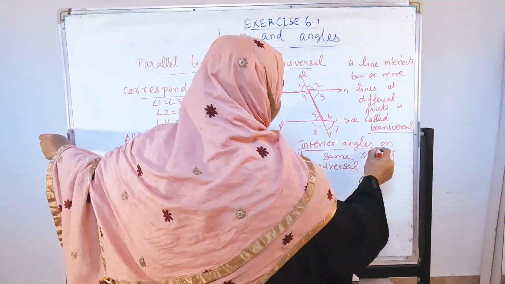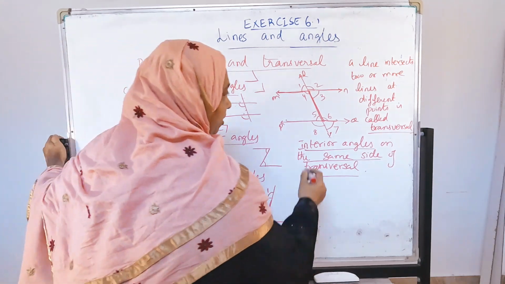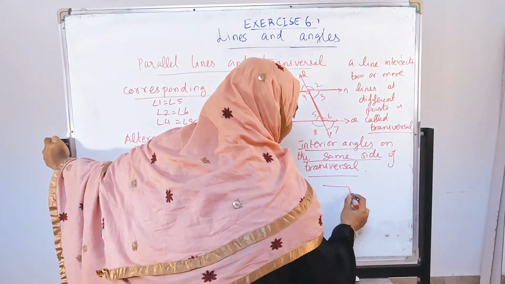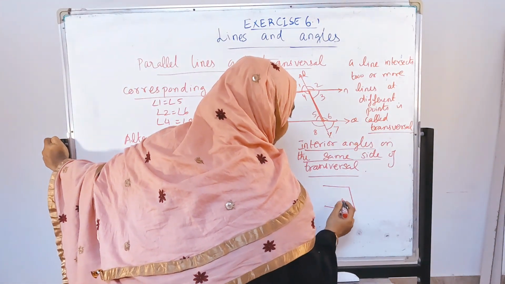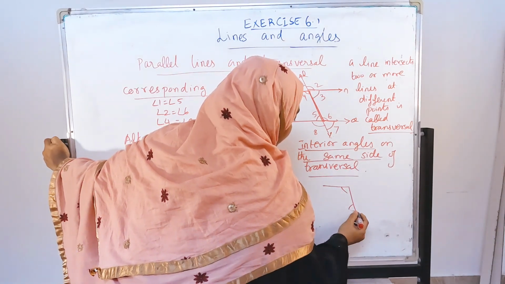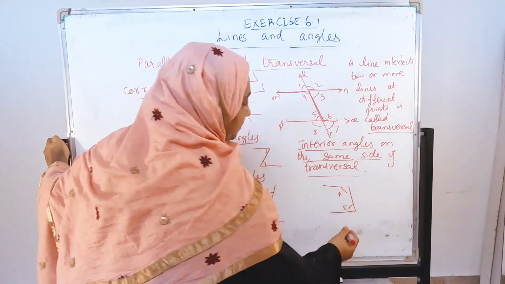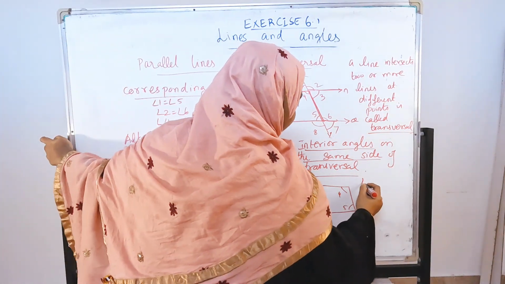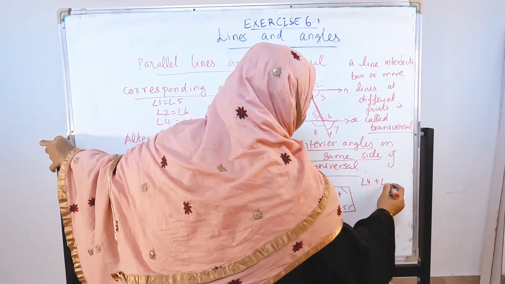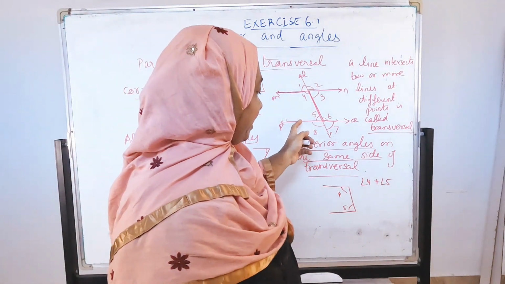Then interior angles on the same side of the transversal. Interior angles on the same side of the transversal means a shape will come like this. Angle 4 and 5 are interior angles on the same side of the transversal.